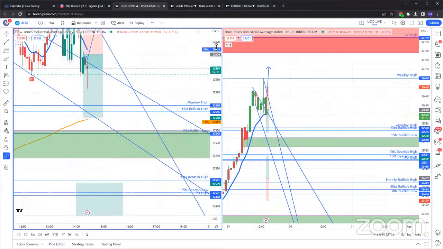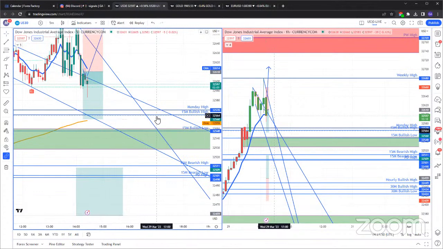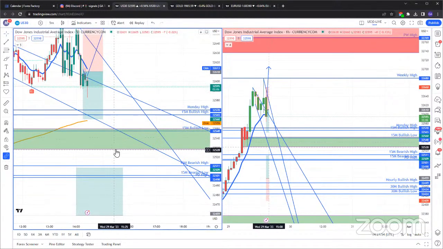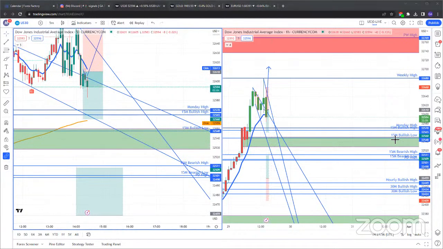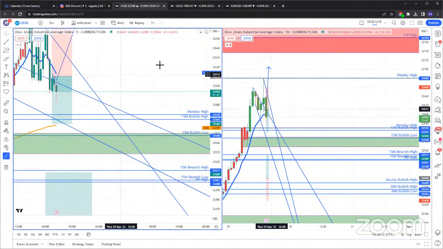Maybe it's better to catch it in this demand zone. If price descends here and then breaks above this trend line and into this demand zone, maybe that would be the buy, but buying here might be a little bit risky for us.